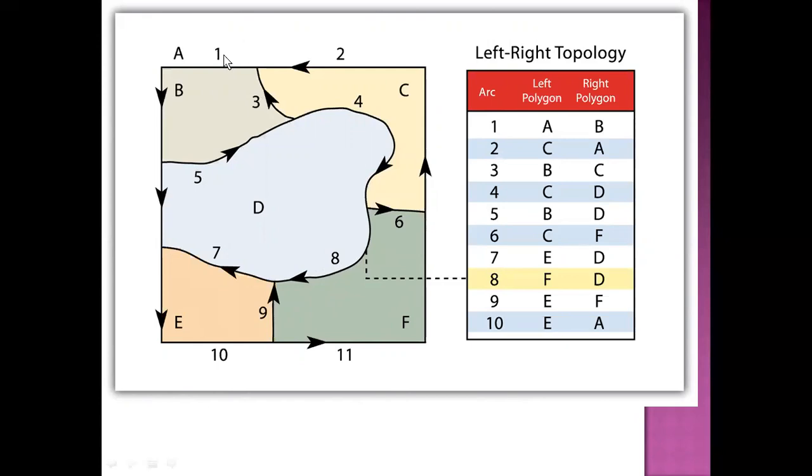A single arc connects A and B, and the second arc connects C and A, the top of A, and 5 connects B and D, and 7 is E D, 8 is F D, like that.